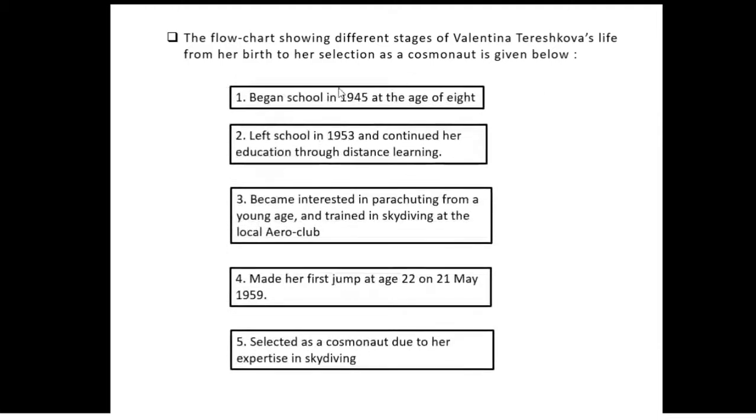The flowchart showing different stages of Valentina Tereshkova's life from her birth to her selection as a cosmonaut. This portion is taken from the question and only is given below is added. And now the short notes. These are the short notes. So this is the complete answer, and while making the answer, you should follow these techniques.